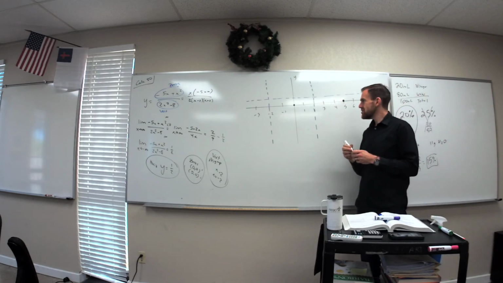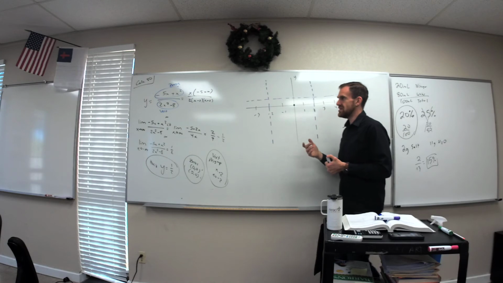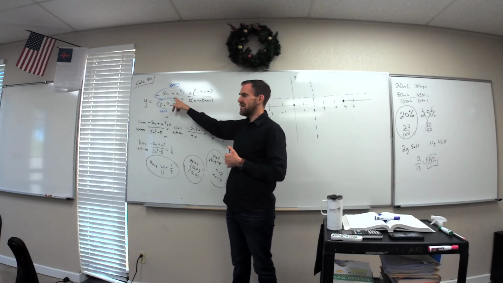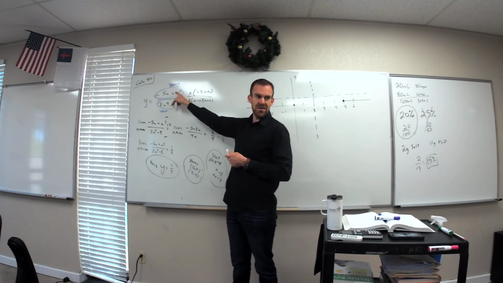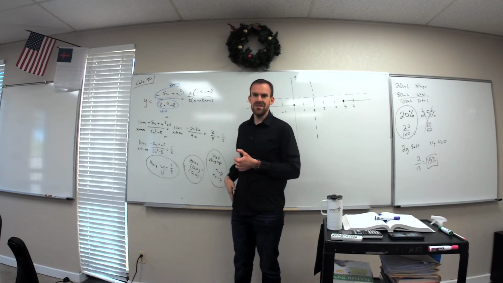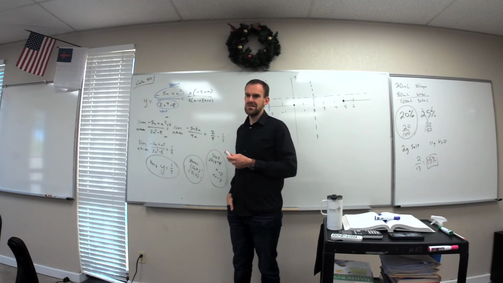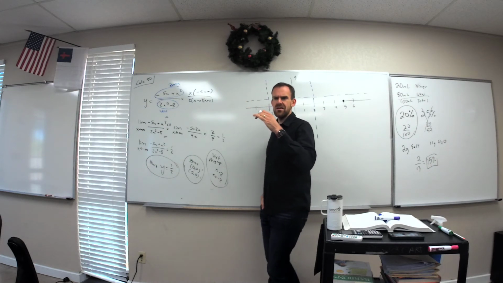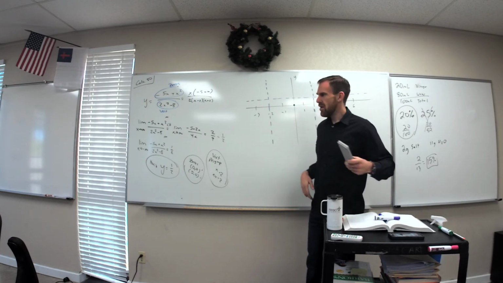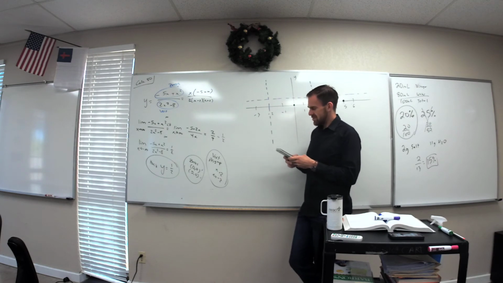You can always plug in numbers. So if I didn't know, I could plug in 10 and see what I get, right? Negative 5 times 10 plus 100 is 50.